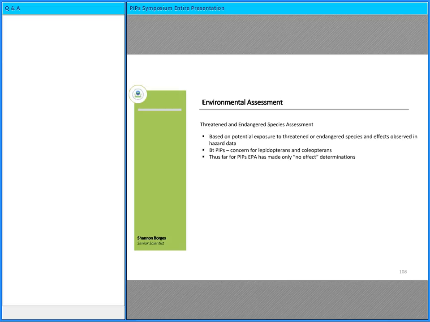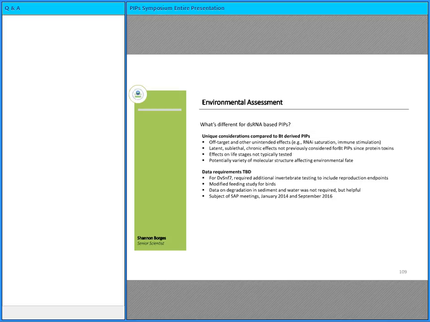Thus far, we've been able to make no effect determinations for them, primarily based on the fact that the PIP is limited to the field in which it's grown, largely, and the threatened and endangered species that are lepidopterans and coleopterans typically tend to have very specific habitat requirements, and so there's no possibility of exposure.